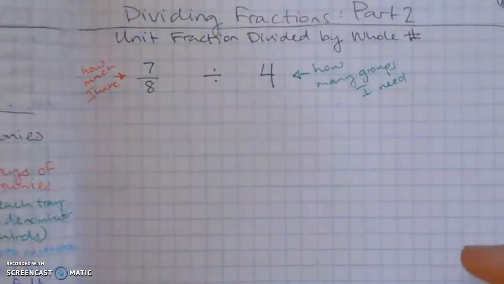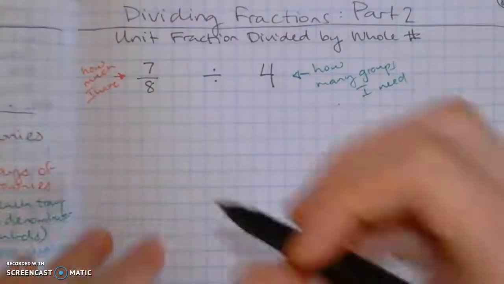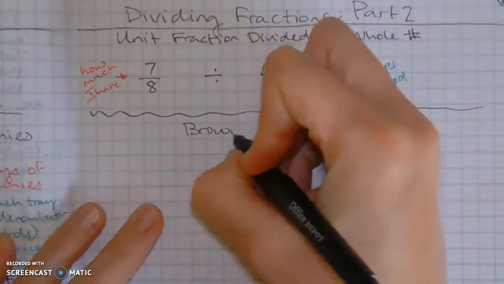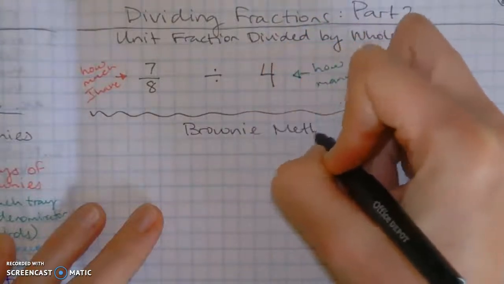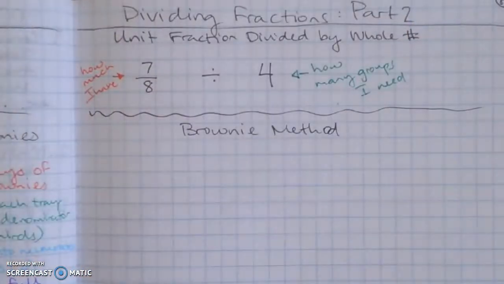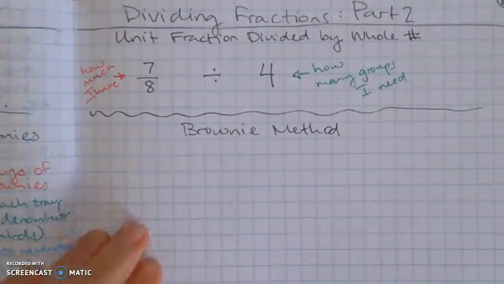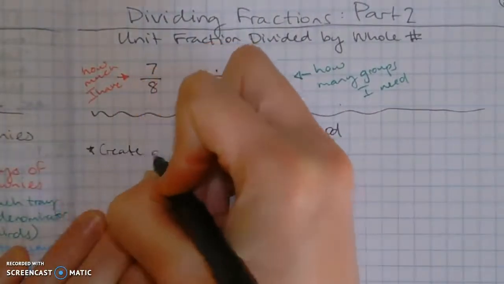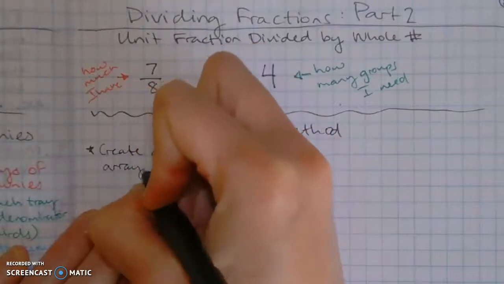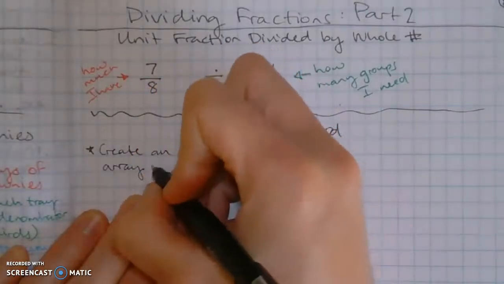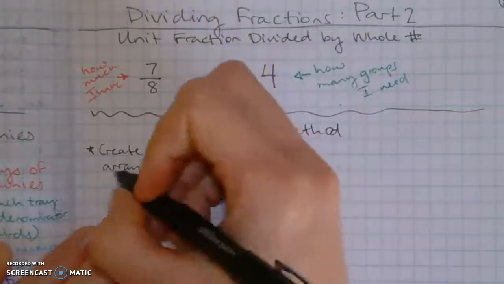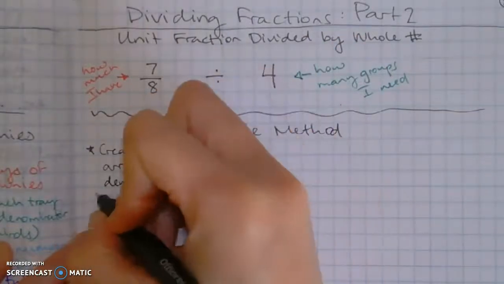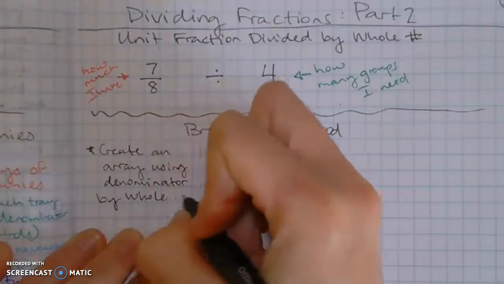Okay, so using the Brownie method here, again, we're going to use that Brownie tray. And I'm going to see if I can set up this page just a little bit easier. So the first thing you want to know is you're going to create an array using denominator by whole number.